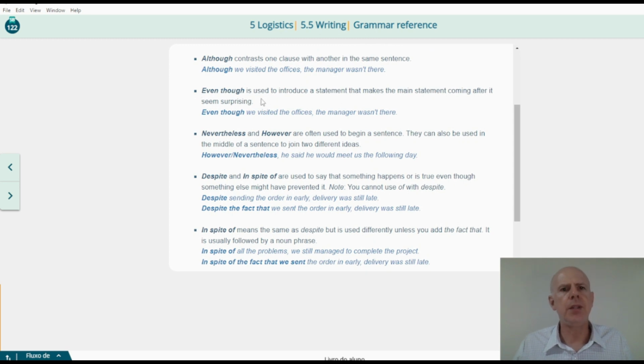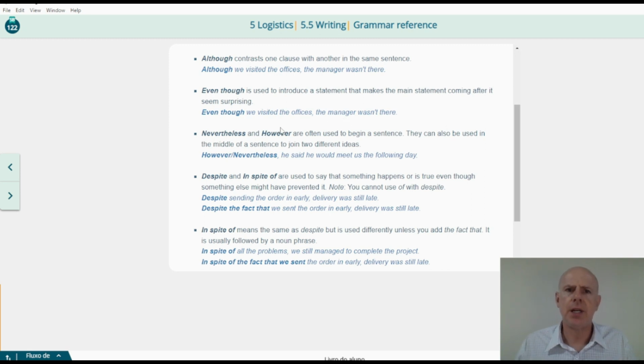Even though is used to introduce a statement that makes the main statement coming after it seem very surprising. Even though we visited the offices, the manager wasn't there. You see the difference? Although is more neutral. Even though gives more emphasis, shows surprise.